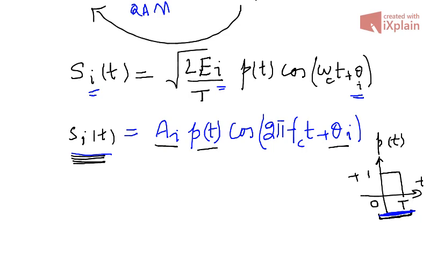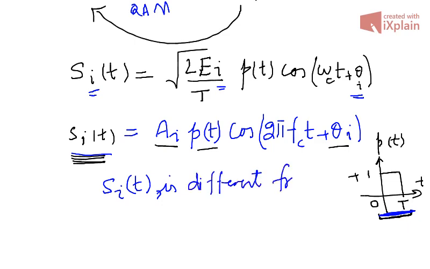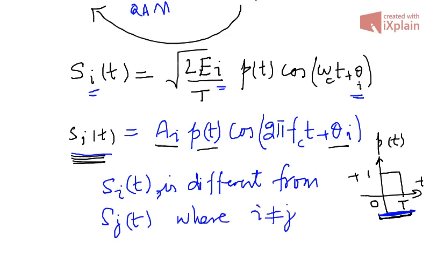We should note here that each symbol S_i of t is different from S_j of t, where i is not equal to j, which means different symbols.